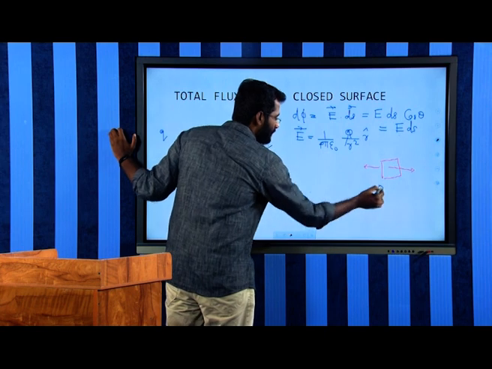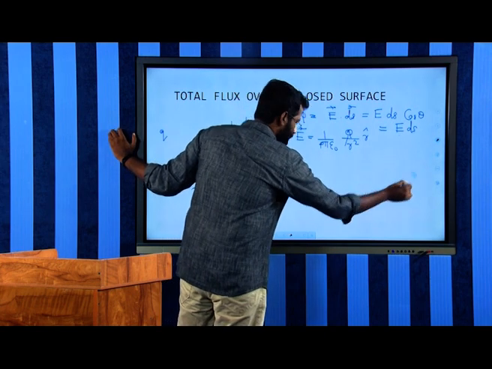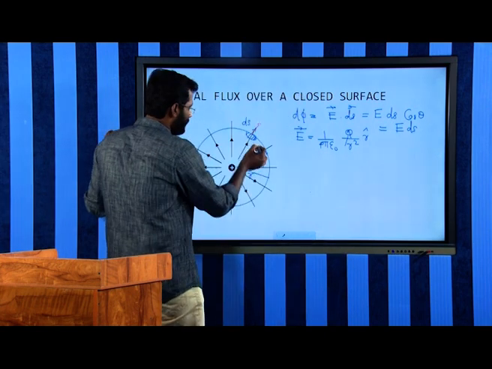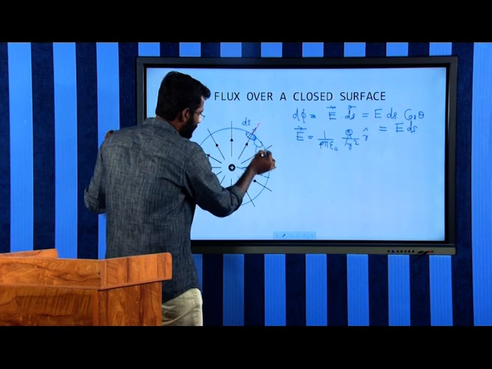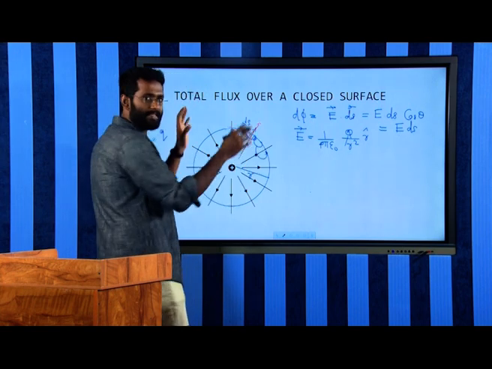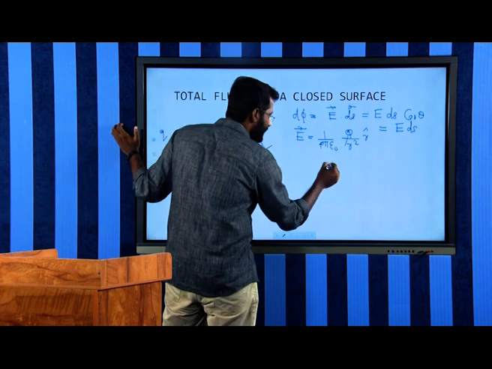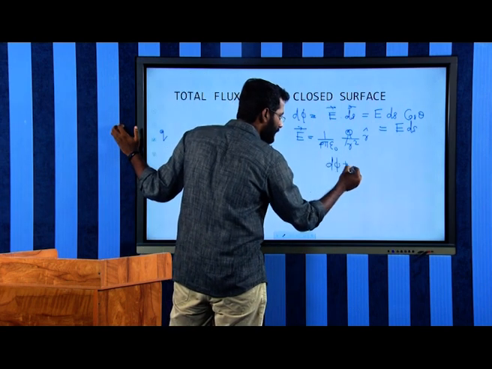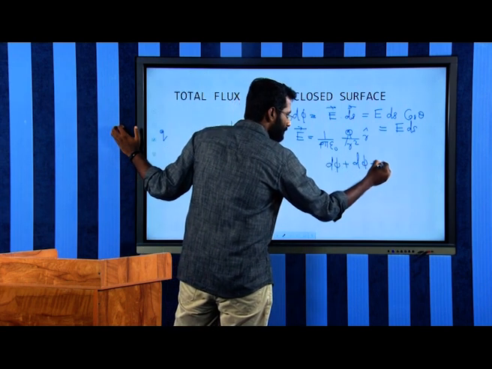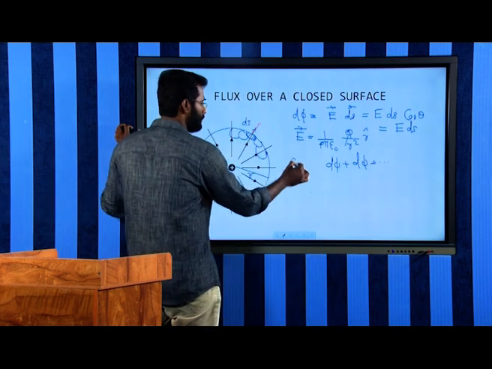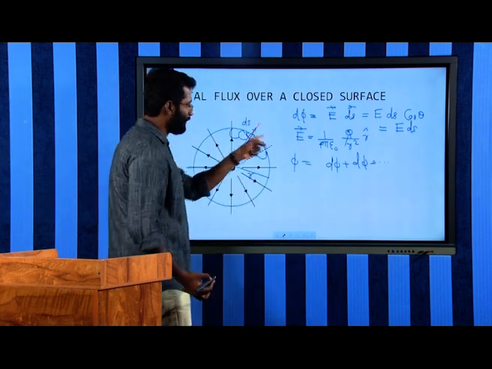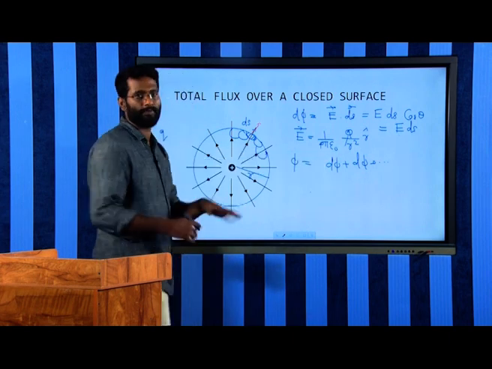We have to consider many such areas, another area here, another area here, and just sum it up, calculating each d phi, and d phi plus d phi plus etc. So instead of doing that, the total flux is d phi from here, d phi from here, d phi from here.